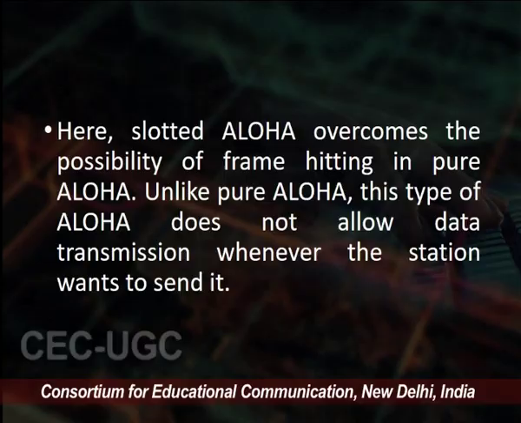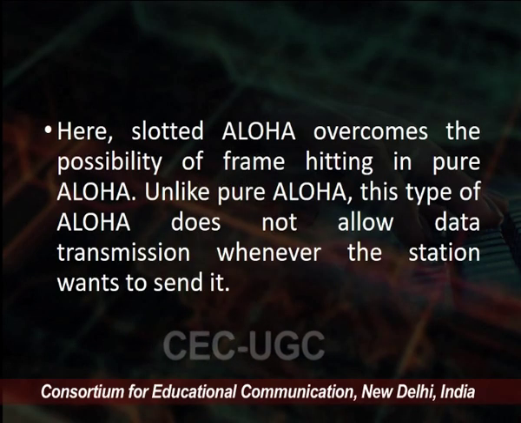So this slotted ALOHA, when we look into the history, was brought in 1972, obviously as an improvement to pure ALOHA. The time in slotted ALOHA is divided into discrete intervals called slots that correspond to a frame. Here slotted ALOHA overcomes the possibility of a frame hitting in pure ALOHA.